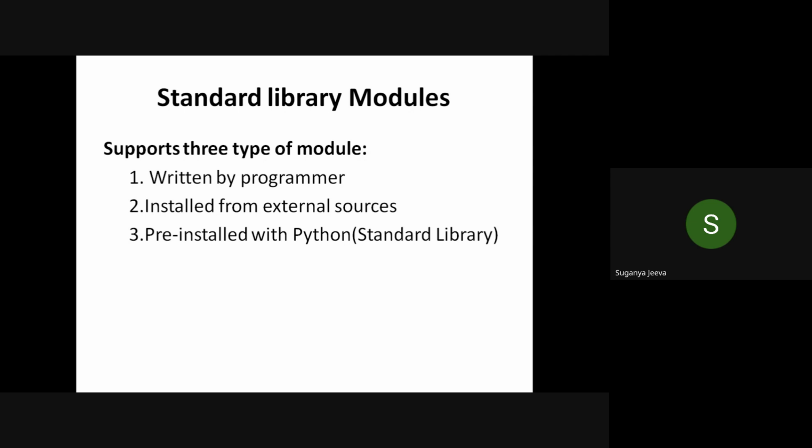And the third type is pre-installed with Python, meaning these modules are already installed with Python, which we call the standard library. Those include string, datetime, math, random, os, email, sys. These are all pre-installed with Python in the standard library. So it comes under these three types.